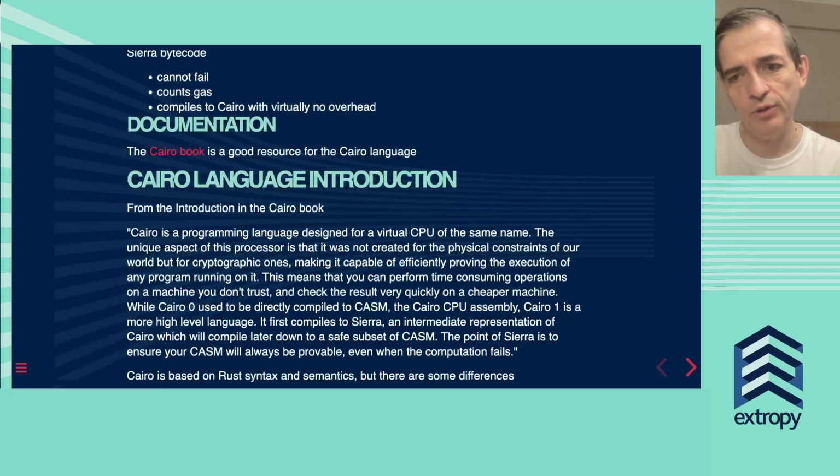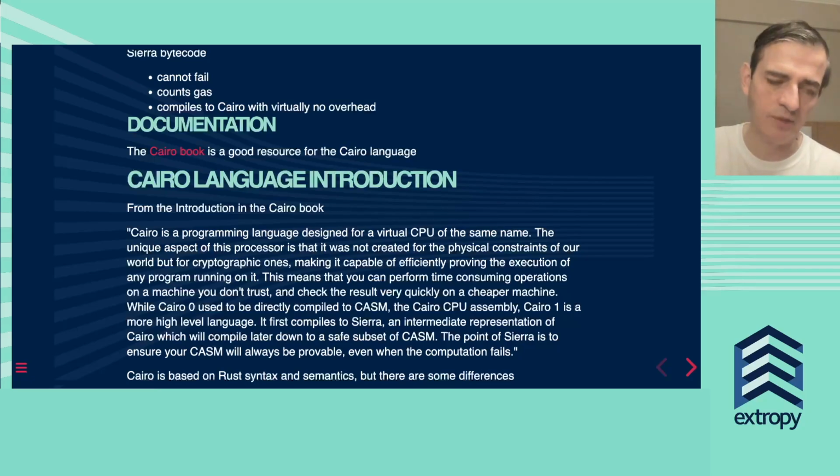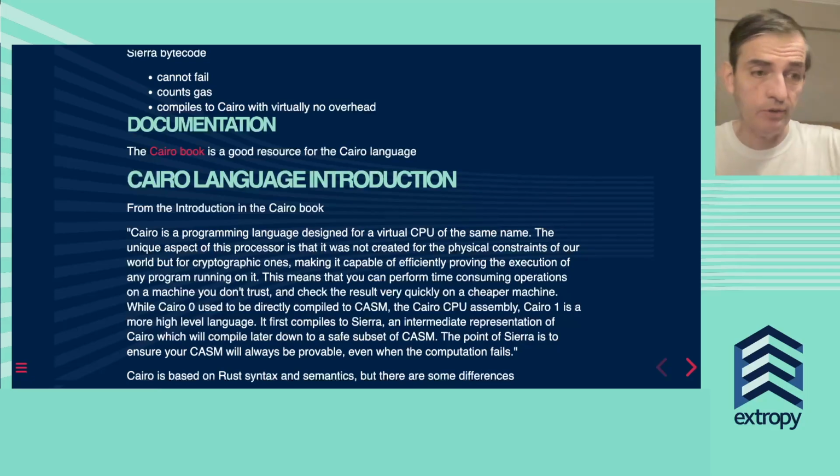When we're looking at some of the security aspects of Cairo contracts, we do need to be aware that we are doing the computation, but in the context of zero-knowledge proofs and some of the restrictions that they provide. And we'll be talking about those general types of restrictions a little bit later. The language, though, is based on Rust syntax and semantics, although you shall see in a moment there are some differences.